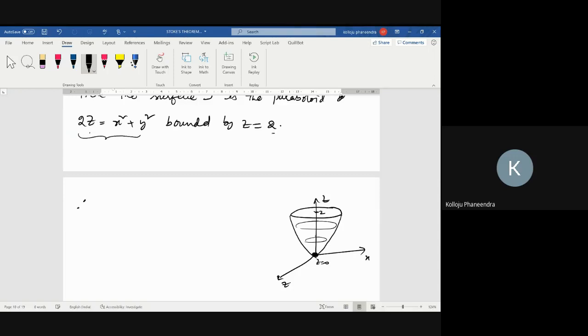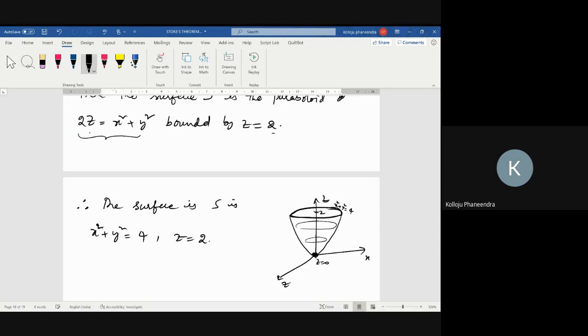At the top, z equal to 2, so x square plus y square equal to 4. Therefore, the surface S becomes x square plus y square equal to 4 and z equal to 2.